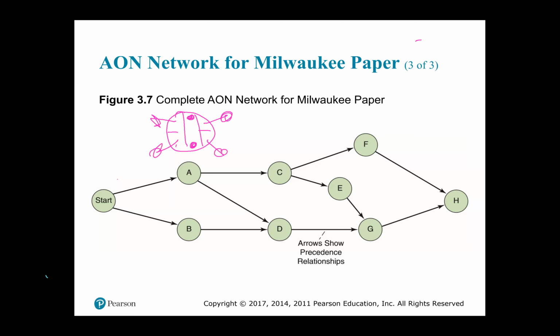So we have to modify each node to be able to display that information. So this is just a reminder of what the network looks like. And we constructed the network from the table that we call the work breakdown structure.